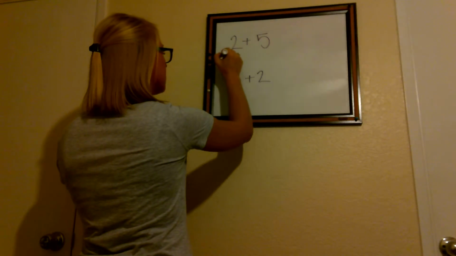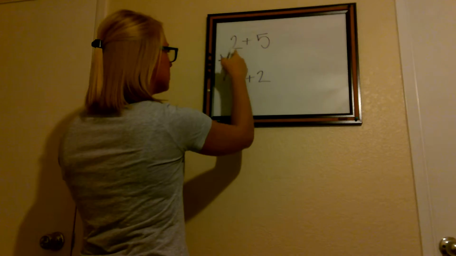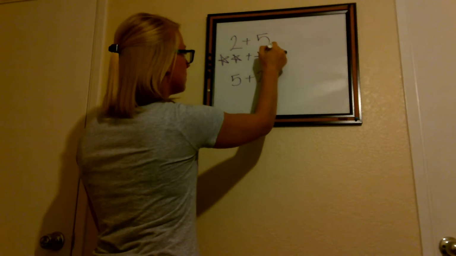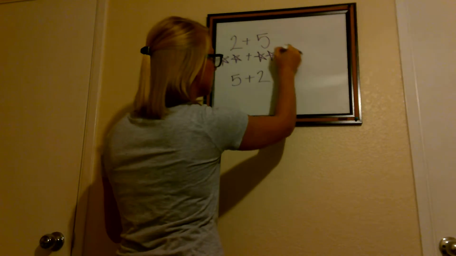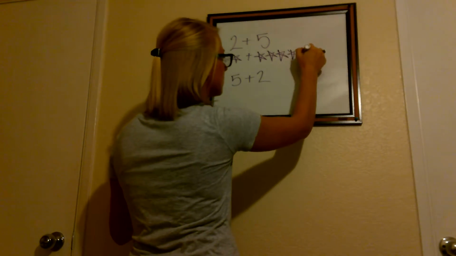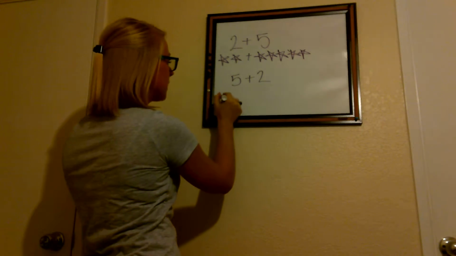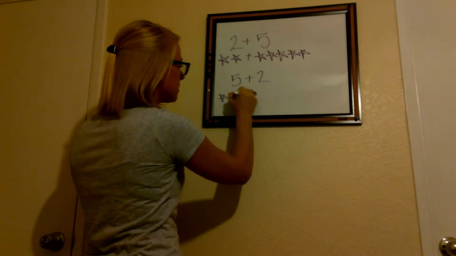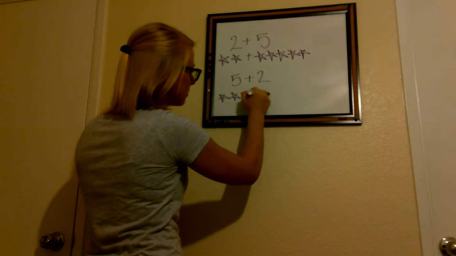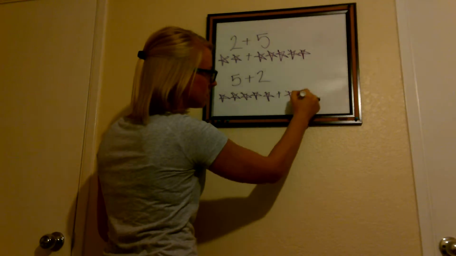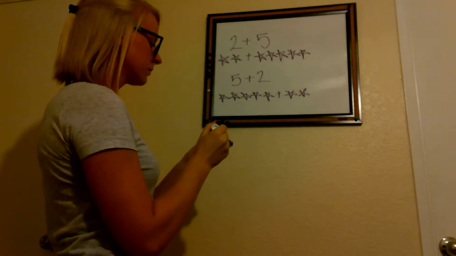If I have 2 stars plus 5 stars for the first one, and then for the second one I'm going to have 5 stars plus 2 stars.